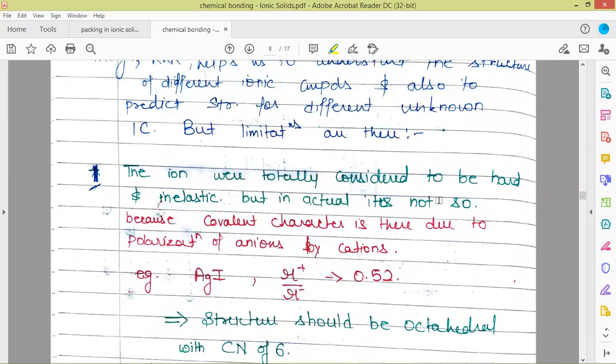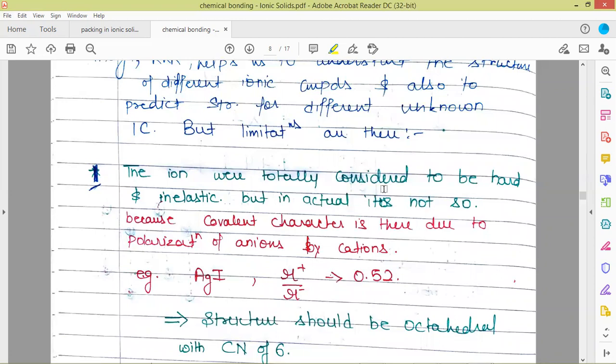So here we have listed out some limitations. The first one is that the ions were considered as hard spheres, hard and inelastic, which we initially discussed. But in actual, it is not so, because the covalent character is there, and due to polarization, the anions are polarizable and cations have great polarization tendency.